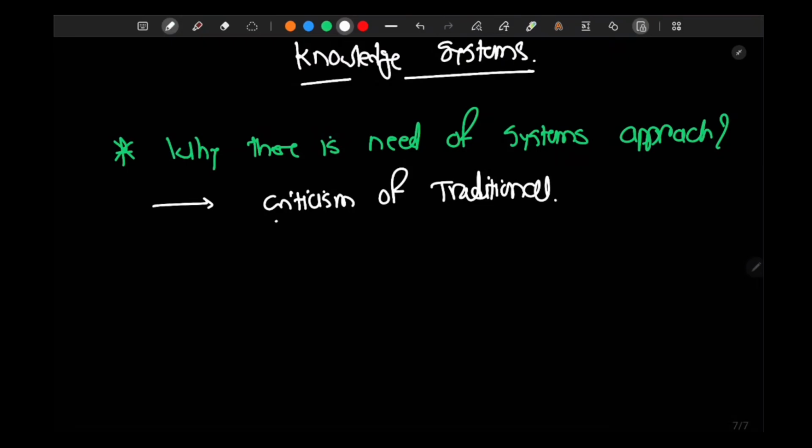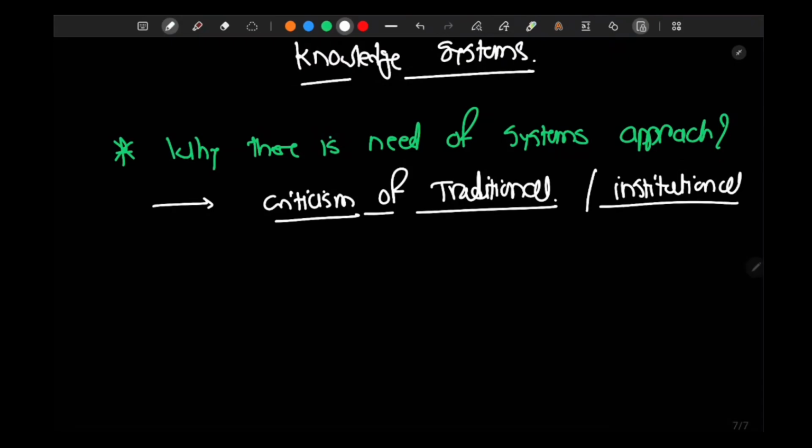In behavioralism, in post-behavioralism, essentially we have studied that behavioralists did not like traditional approaches to political science. Systems approach goes hand in hand with that. Systems approach is a critique of the traditional and institutional approach, right?